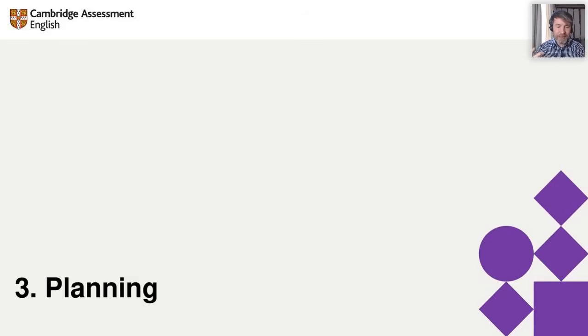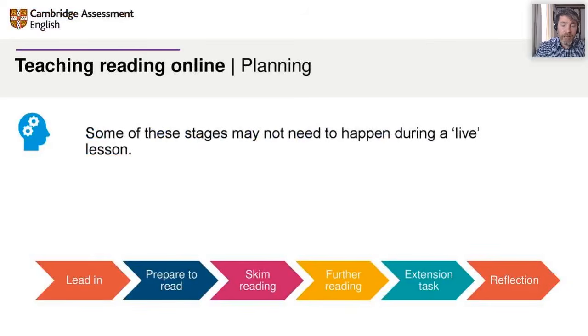So throughout the session, we've been talking about different kinds of online learning and the fact that sometimes learners might learn within a synchronous live context. Sometimes they might do it asynchronously. And maybe not all of these lesson stages need to happen as part of our live lesson.